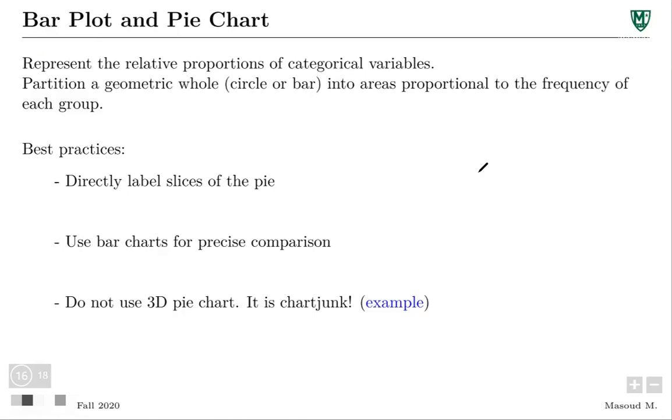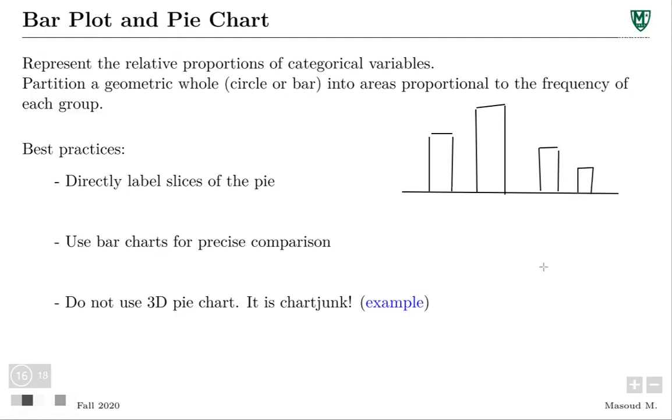Second one, when you want to make a precise comparison, obviously use bar charts. Pie charts are hard to read, it's a circle, unless you put the specific percentage underneath. It's visually easier, let's put it this way, to look at a bar chart. If I have a line there and I have my bars like this, it's visually easier to make this comparison between these things rather than a pie chart, a little bit at least.